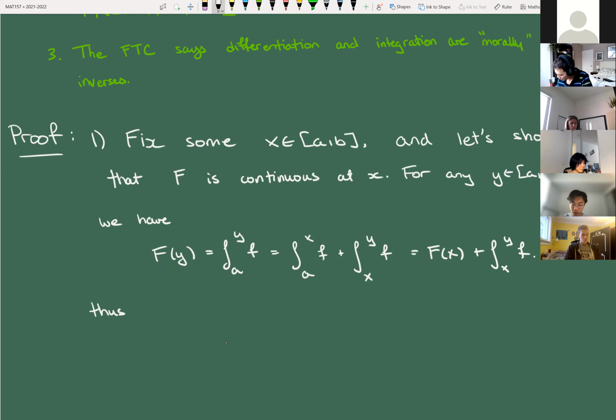And the great part about that is that that means that F of y minus F of x is the integral from x to y of f. Right? And again, that's intuitive, especially if you think about y being bigger than x, because if you integrate from a to y, and then you subtract the integral from a to x, that's just the integral from x to y, right?